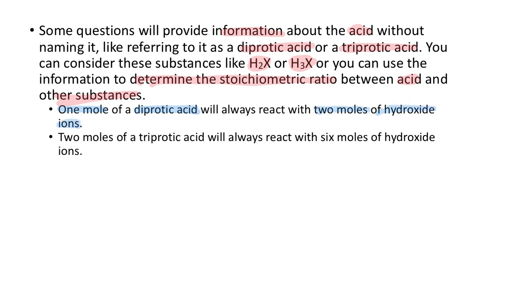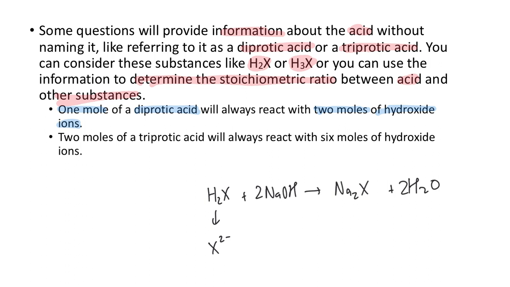So H2X plus NaOH will go to Na2X, because if there are 2 hydrogens, each a positive, it will form X2 minus, which is why you need 2 Na to form with that X, and form 2 waters. A diprotic acid will react with 2 moles of hydroxide ions.